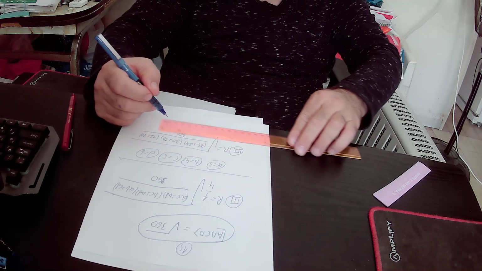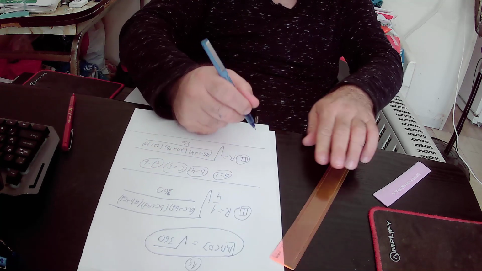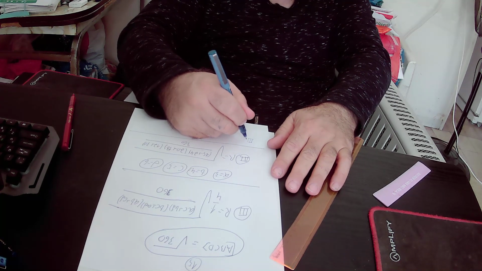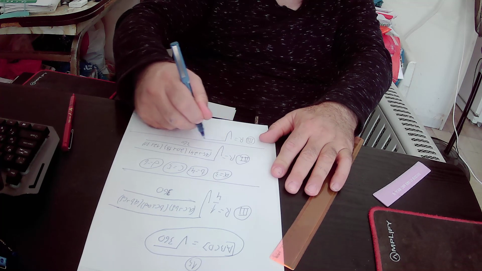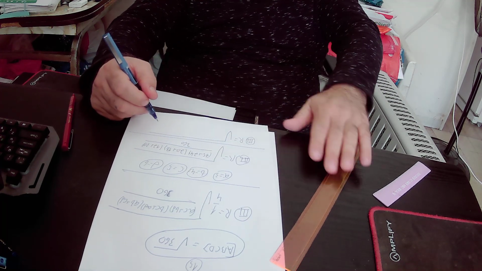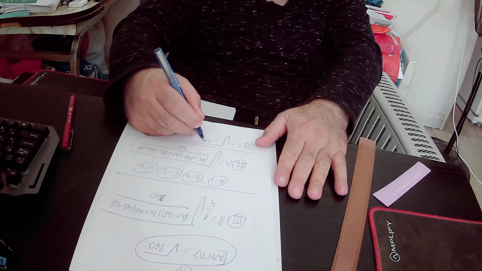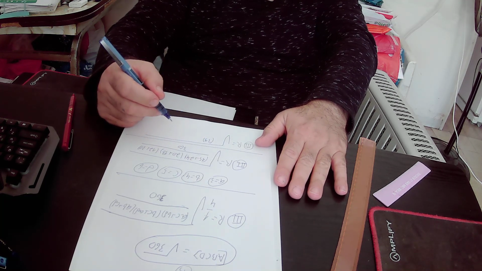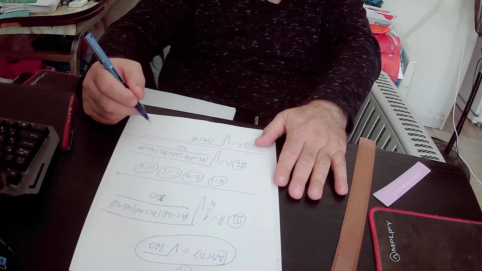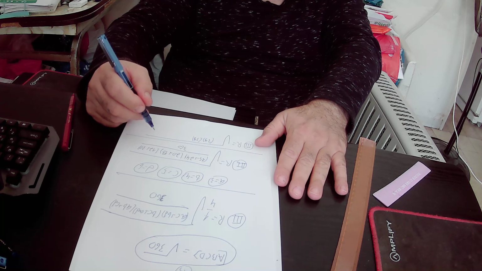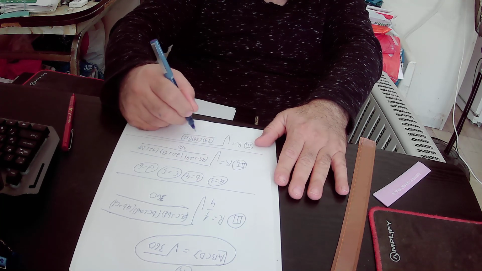So the radius of the circle that we are looking for, according to equation number 3, will be equal to the root of 15 plus 24 is 39, 20 plus 18 is 38, and 12 plus 30 is 42, all divided by 360.